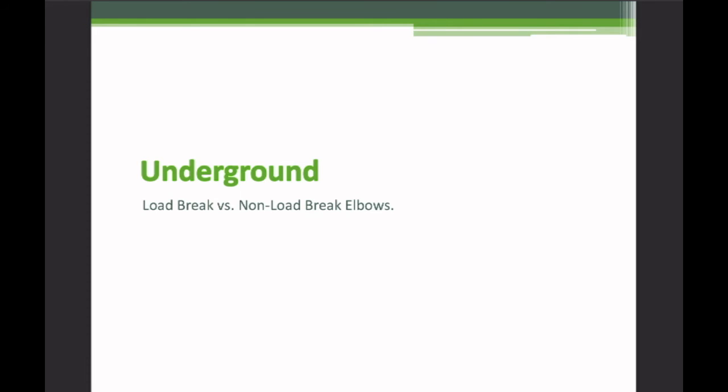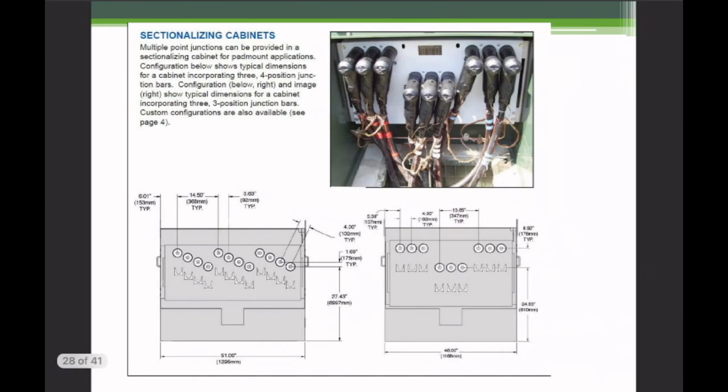Last topic I really wanted to touch on was a little bit about our underground system, specifically load breaking and non-load breaking elbows, and how do you tell them apart and what's the difference? So elbows, we use them in all of our pad mounted gear except our air break stuff.